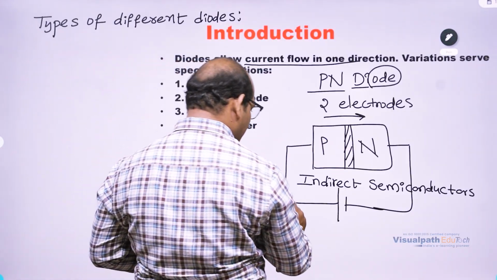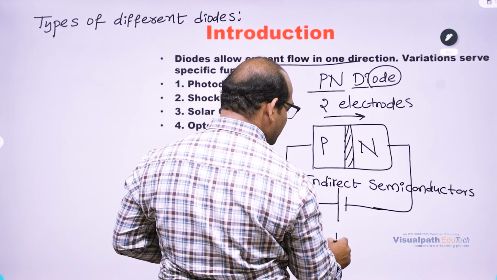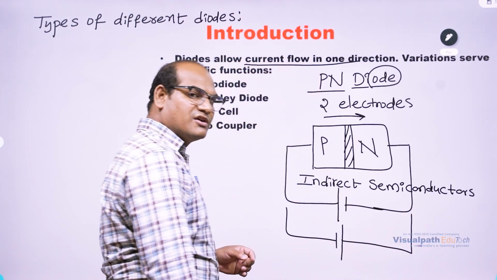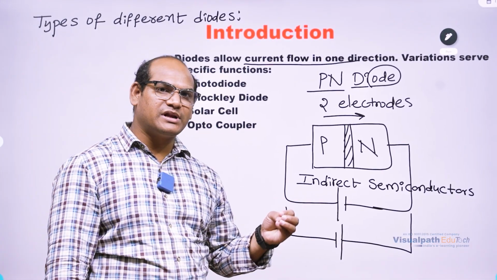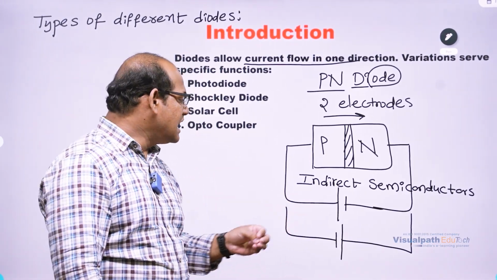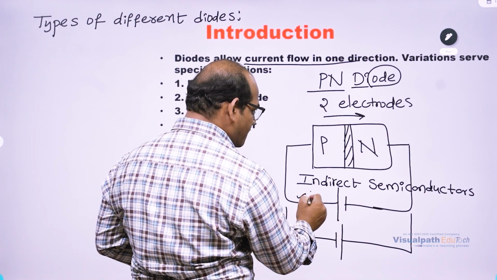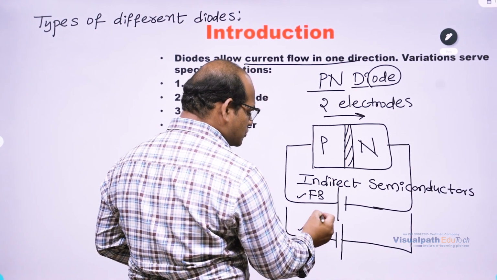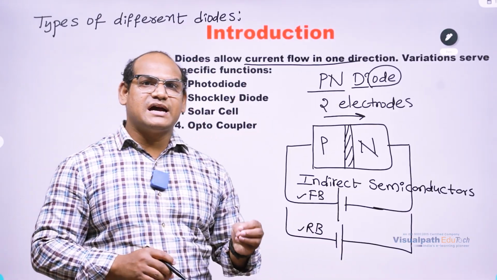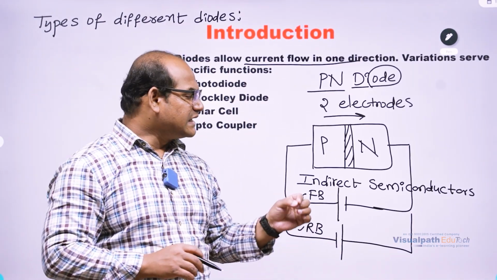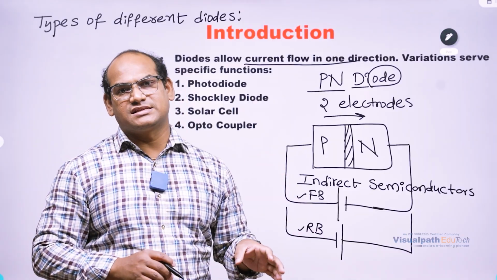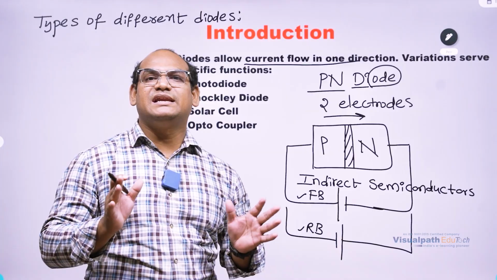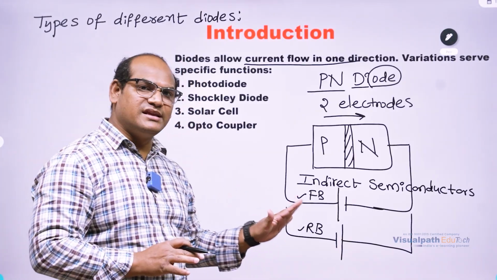Reverse bias means we give the p-type to the negative terminal and the n-type to the positive terminal. If you provide it like this, that is reverse bias. This connection indicates forward bias and this connection indicates reverse bias. In reverse bias, whatever current we get is due to minority charge carriers. Minority charge carriers are less in number, so we get a very small amount of current in reverse bias.